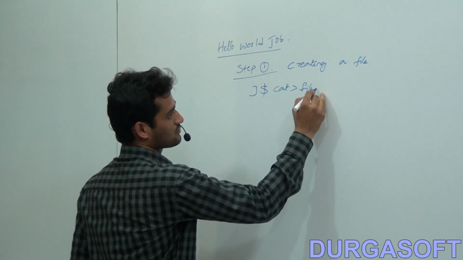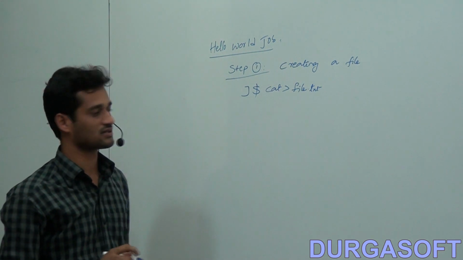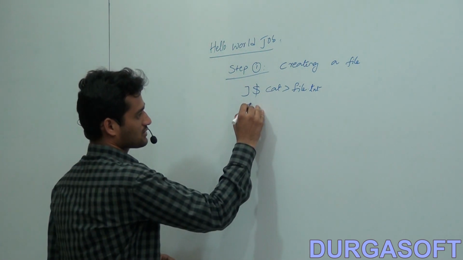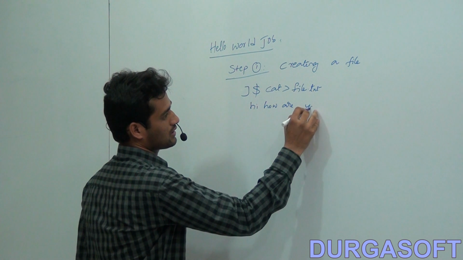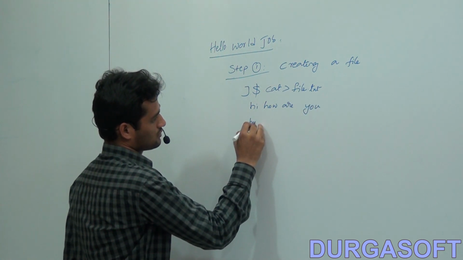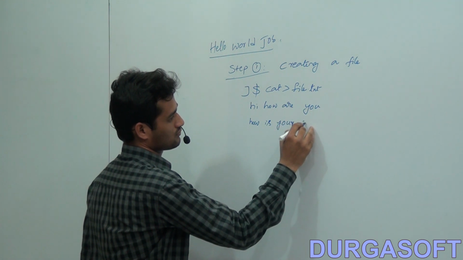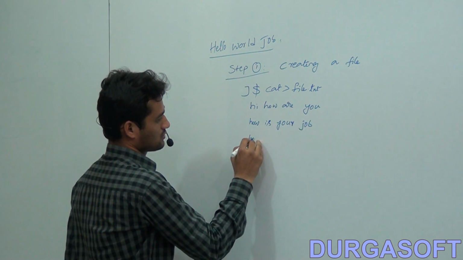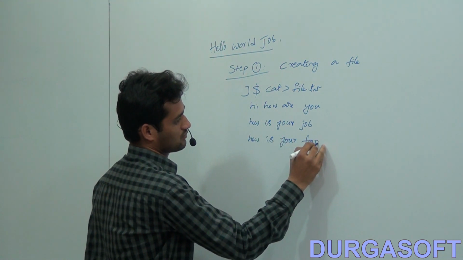Cat greater than file.txt, I'm giving. So I'll give some text here. Hi, how are you? How is your job? How is your family?